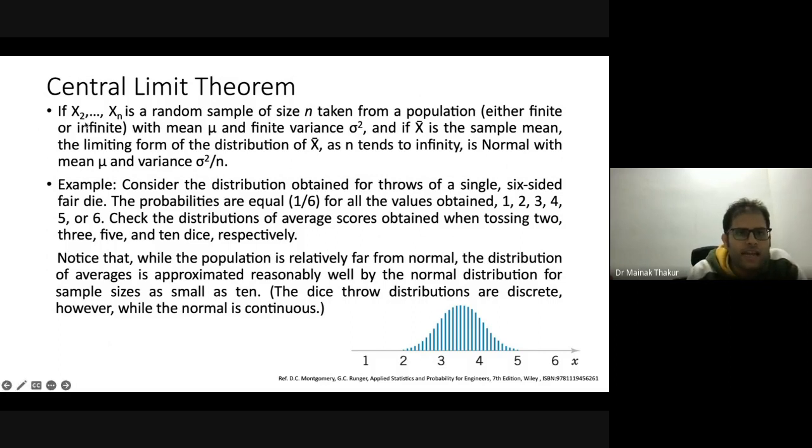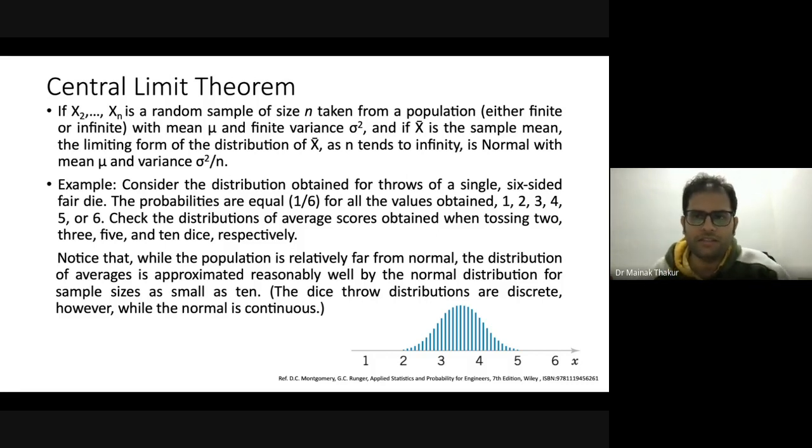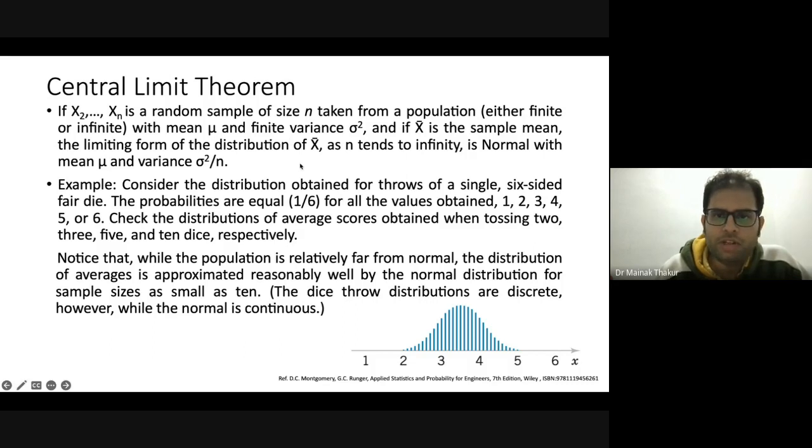If x1, x2 to xn is a random sample of size n taken from a population, either finite or infinite, whatever it is, with mean mu, and variance finite, which is sigma square, and if x bar is the sample mean, then the limiting form of the distribution of x bar as n tends to infinity, that is, taking the average of large samples, will be normal with mean mu and variance sigma square by n.